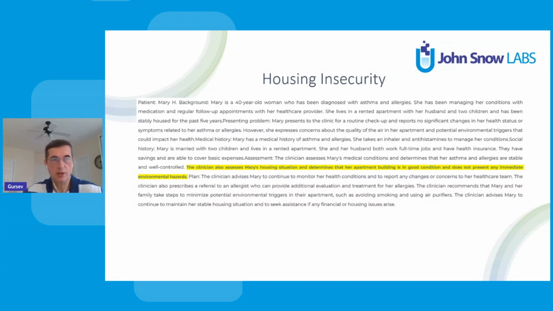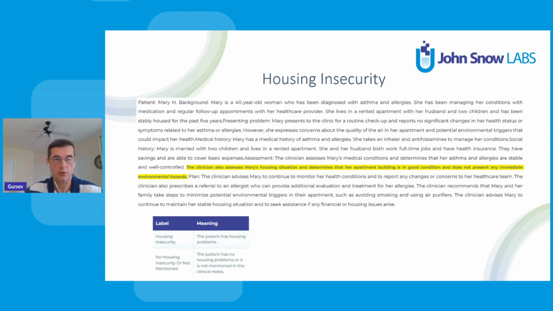What you see here is almost 250 words, and I highlighted the section that the model used for making this decision. There are two labels here. One of them is housing insecurity, which means that the patient has some housing problems. The other, no housing insecurity or not mentioned, means that the patient has no housing problems or there is no mention of it in the text.